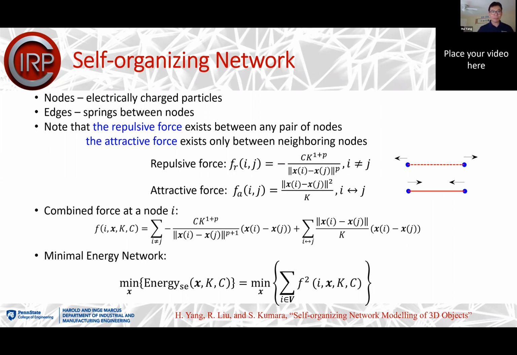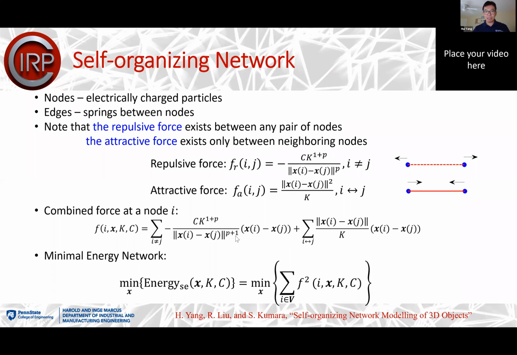Okay, and then we are going to calculate the combined force at a node I. For example, here, I doesn't equal J. That means for any pairs, we are going to have the repulsive force. But here, this is only connected between I and J. So that means for the attractive force, we only count those who are connected.